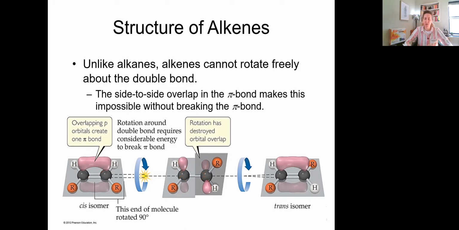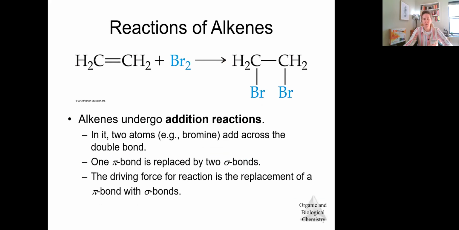So let's move on to the reactions of alkenes. Here I've got a typical alkene called, of course, ethene, and we've looked at the naming of alkenes. There are two carbons, so this is an eth, and there's a double bond, so the suffix is ene.